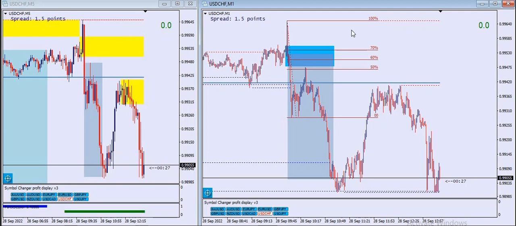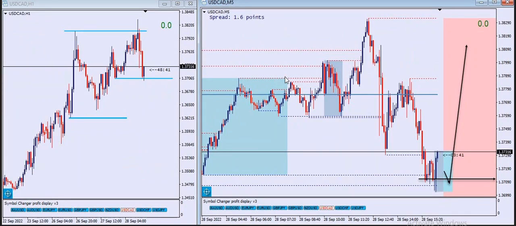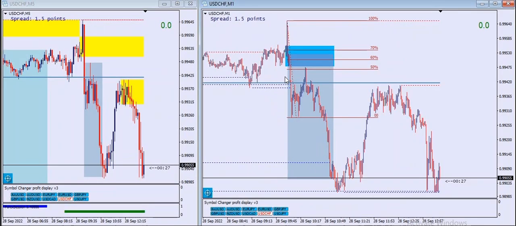On the 1 minute time frame, it left a hidden block here. So sometimes I use the Fibonacci so that when I get to 50% I take my entry. So that was it for this setup. That was the only setup on USD CAD and USD CHF.